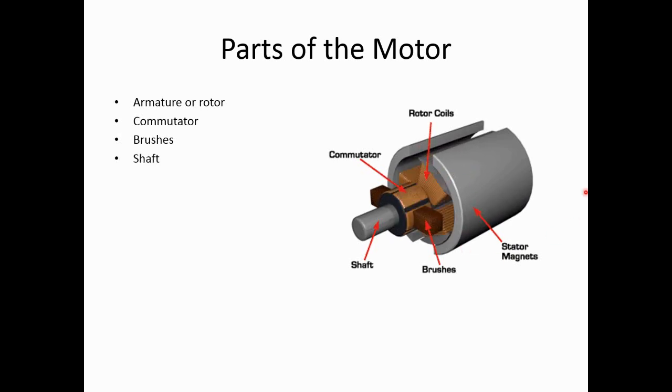So the whole rotor coils, commutator or collector are mounted on the shaft that is rotating, and of course the shaft will be mounted in some sort of bearings. And then the next important thing, which is the stator magnets, or we can also call it a field magnet.